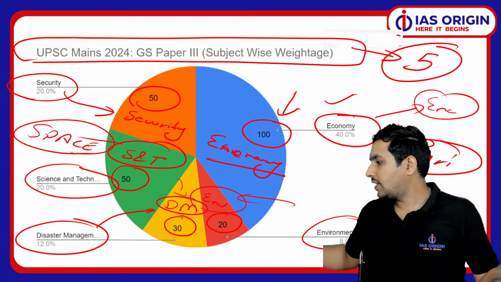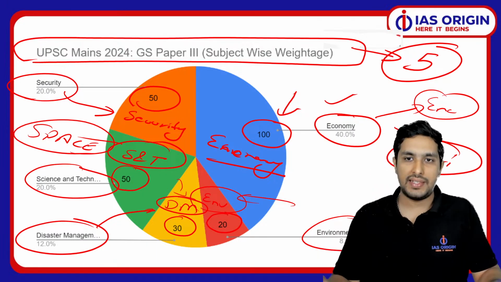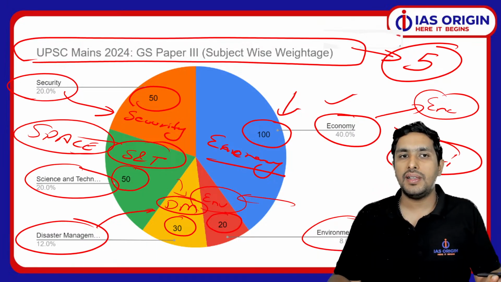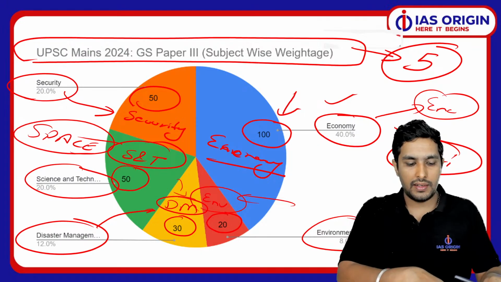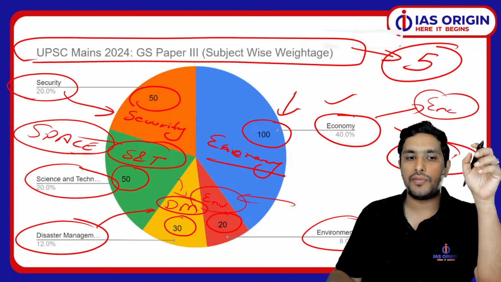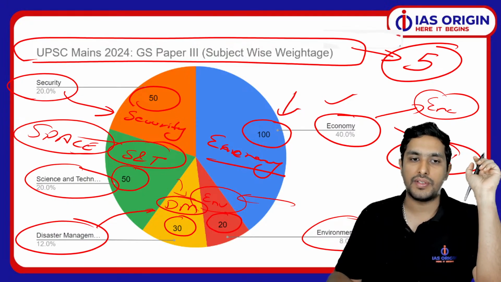So always remember this thing, that GS paper 3 is comparatively more challenging as compared to other GS papers. The only reason being that in GS paper 3 you have to have proper clarity on each and every aspect which is being asked. So this certainly makes it a bit difficult to master.